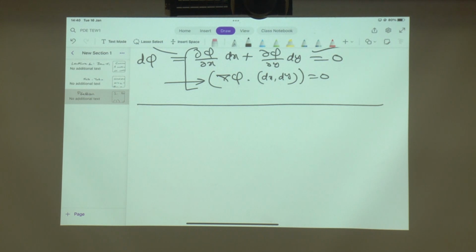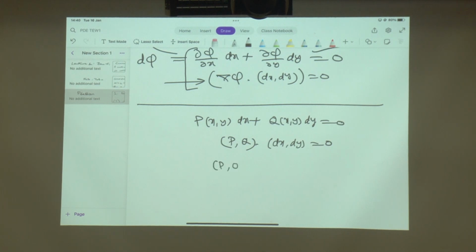So dx dy. Now 1 minute. Now these are all solutions of my original equation, right? P of xy dx plus q of xy dy equal to 0. So this is actually pq dot dx dy is 0. Therefore, pq is parallel to grad phi.